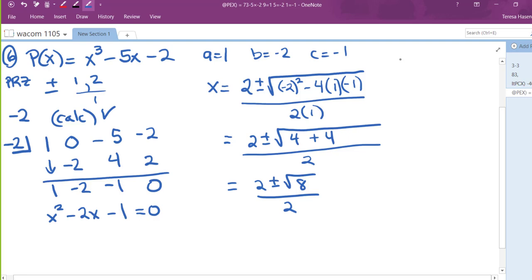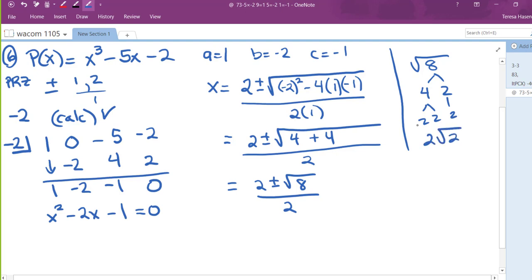Square root of 8 you can simplify on the side. Break it to primes. It has a 4 in it. That's your perfect square. So 1, 2 is going outside, 1, 2 is left inside. So we have here 2 plus or minus 2 times the square root of 2 over 2.